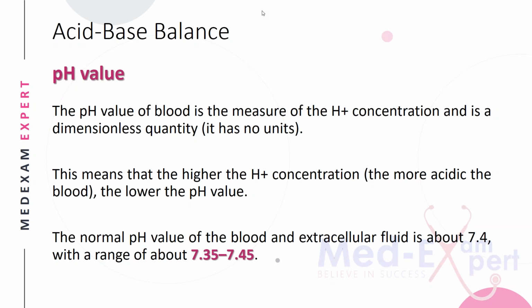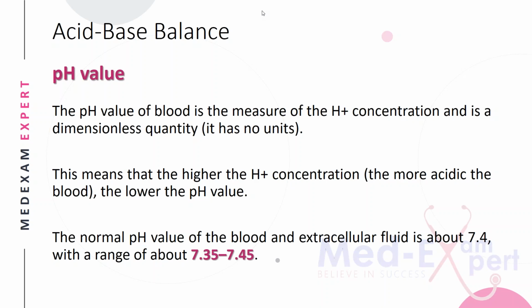When the hydrogen ion concentration increases, this means that the blood is more acidic and that the pH is low. So we can say that the value of the pH goes in the opposite direction to the value of the hydrogen ion concentration, but at the end they give the same meaning.